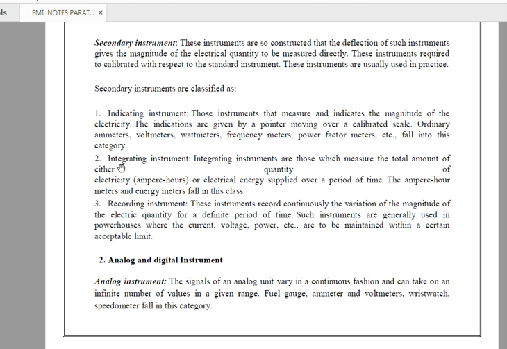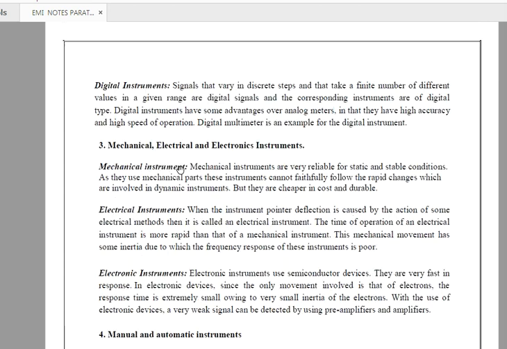Analog instruments frequently vary their values or parameters in a given range. They frequently change their values. The digital instruments are those in which the digital signals vary in discrete steps and take a finite number of different values in a given range.